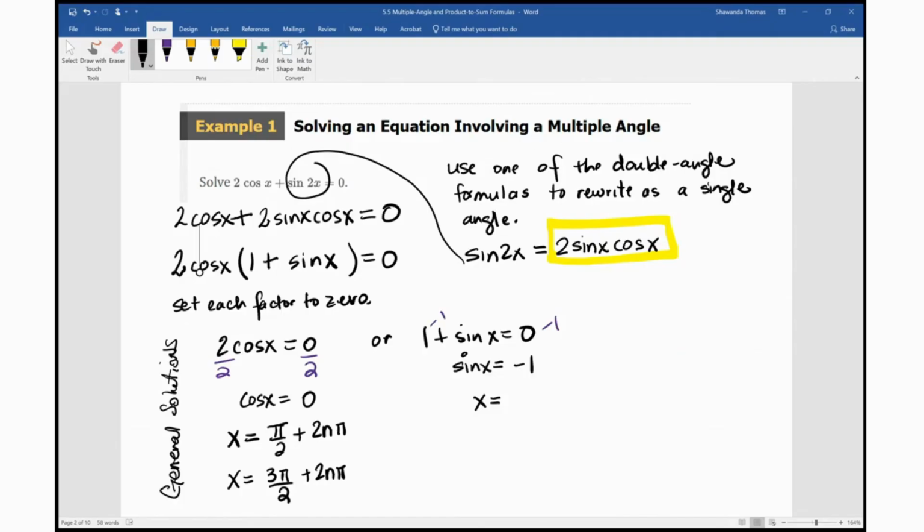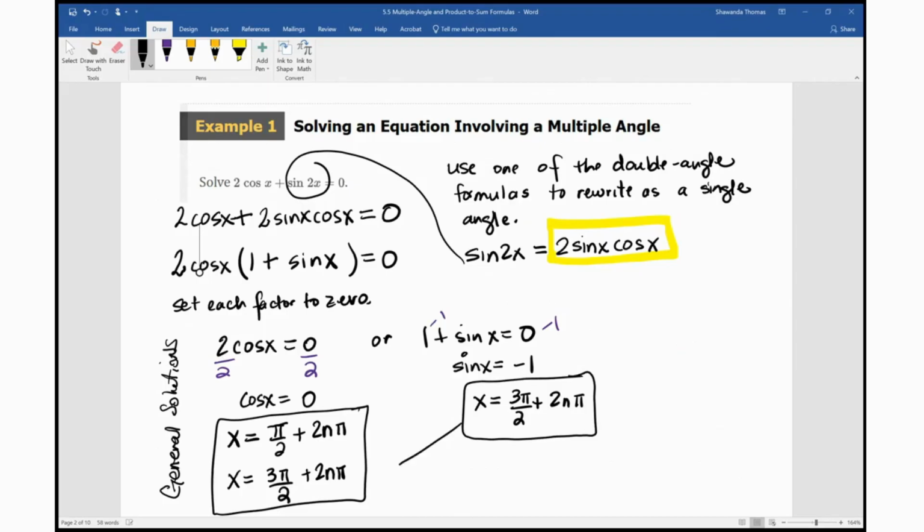Sine, the second coordinate. 3 pi over 2, plus 2n pi. So we got these. Oh, these are the same. Y'all see that, right? So you don't have to write that twice. Let me erase that. So this is already included in this answer.